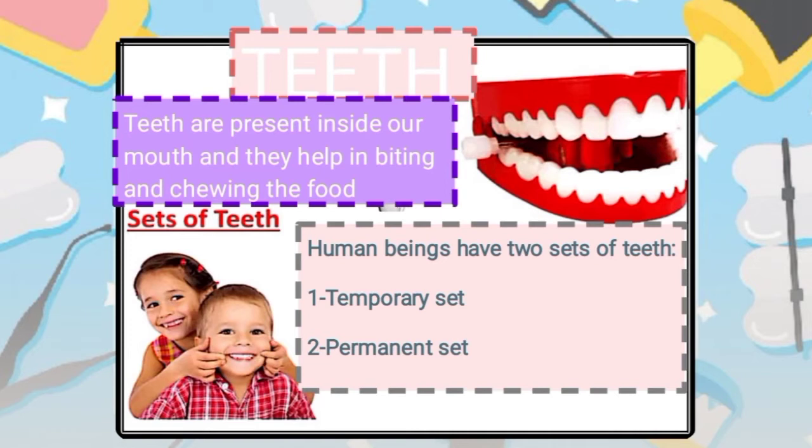This function is performed by hard structure which is called teeth. Humans have different types of teeth that perform various different functions such as cutting, tearing, grinding and crushing the food.